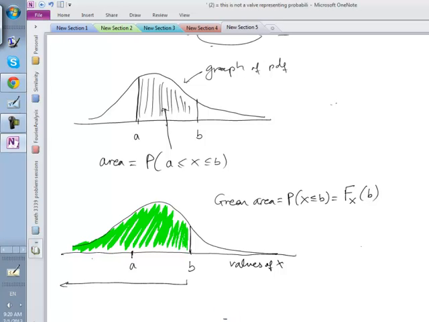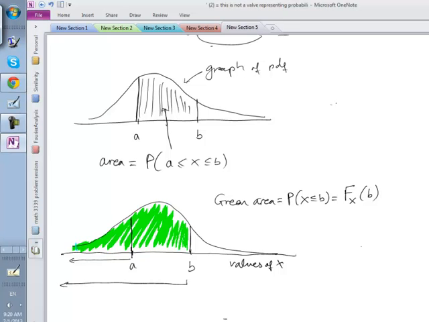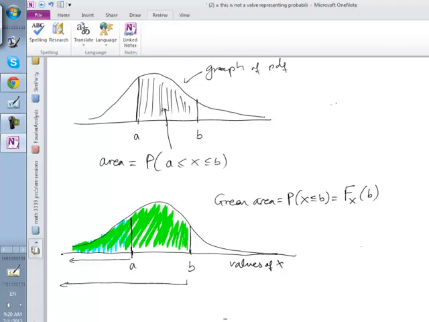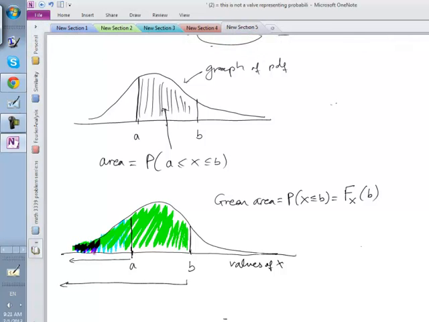Likewise, if I make the cut at a, the values of the blue area now, probably we need to get a different color, the values of this purple bluish area.